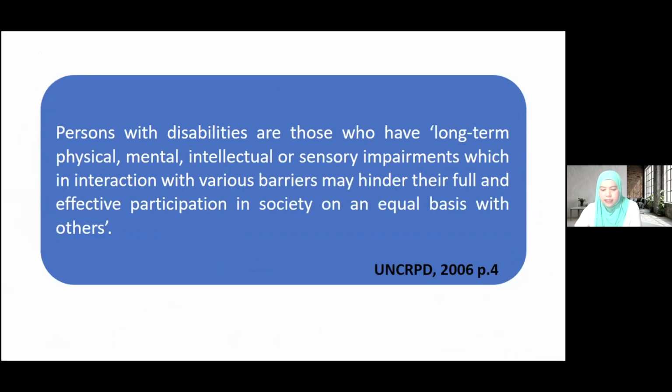The United Nations Convention on the Rights of Persons with Disabilities defines people with disability as those who have a long-term physical, mental, intellectual, or sensory impairment that, in interaction with various barriers, may hinder their full and active participation in society on an equal basis with others.